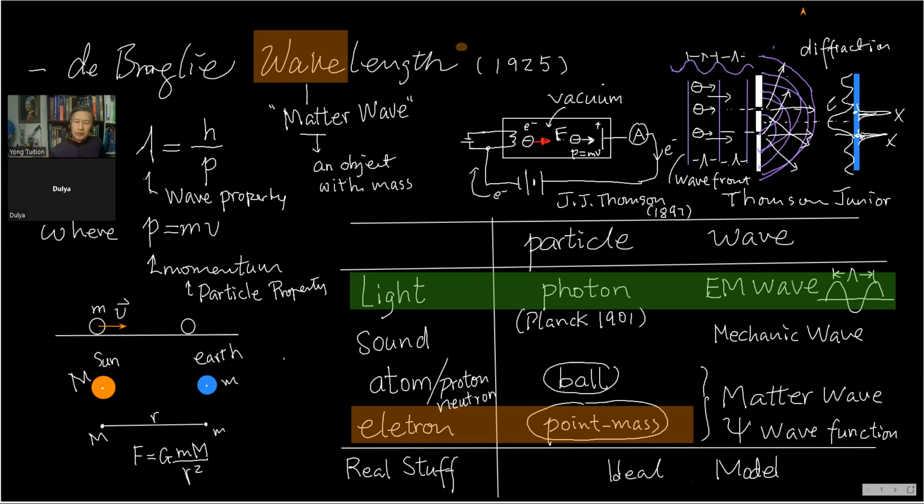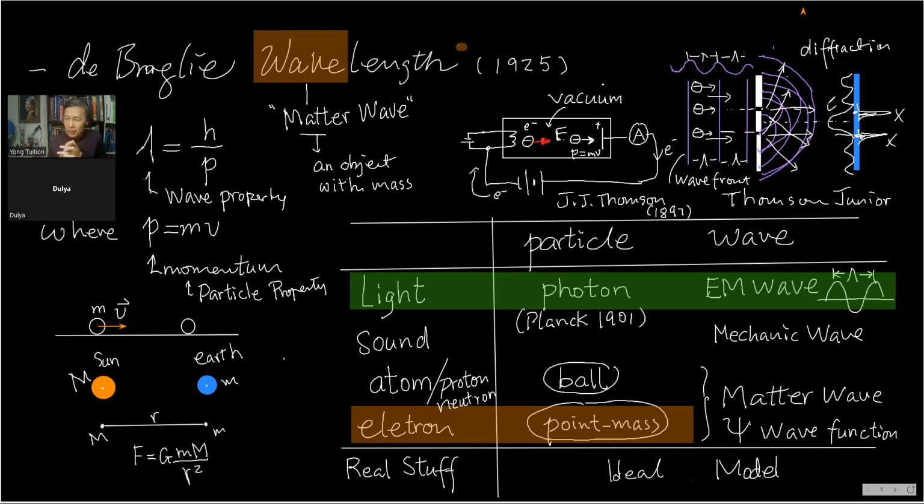When de Broglie looked at the current study during the 1920s, he noticed that when we describe light with a photon particle model, we make some progress. In other words, the real stuff called light can be described by either particle or wave.